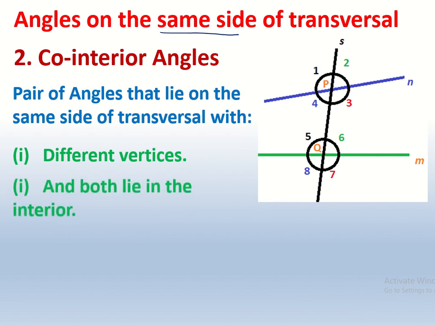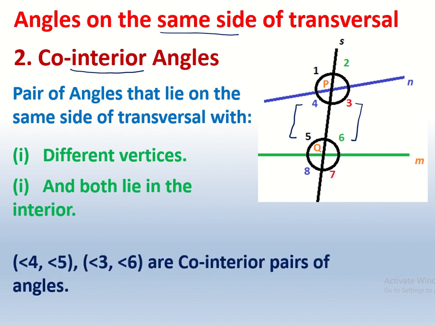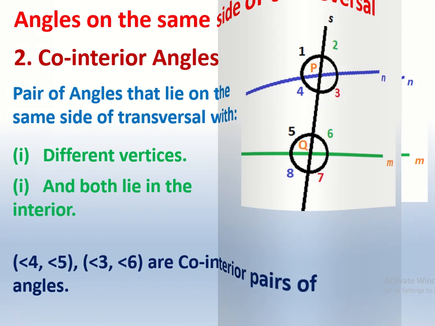Then the important point, from the name, is that both lie in the interior. So we have angle 4, angle 5, and similarly angle 3, angle 6. These are angle pairs that lie on the same side of the transversal with different vertices and both lie in the interior. So angle 4, angle 5 and angle 3, angle 6 are two pairs of co-interior angles.